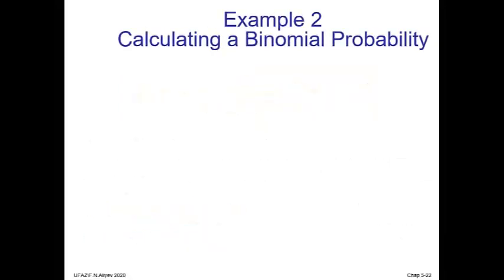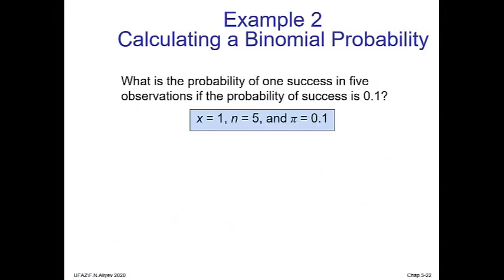Now let's consider example 2 about calculating a binomial probability. What is the probability of one success in 5 observations if the probability of success is 0.1?